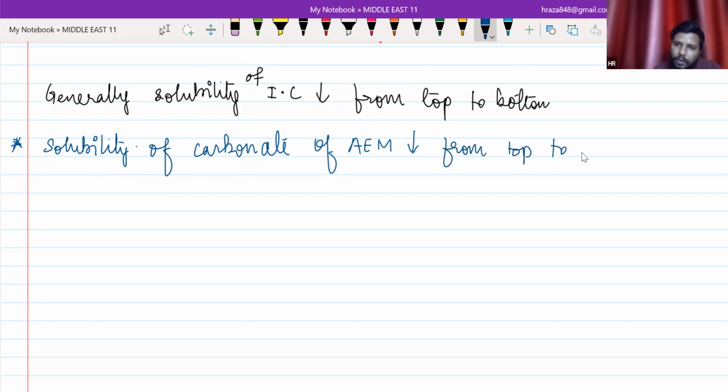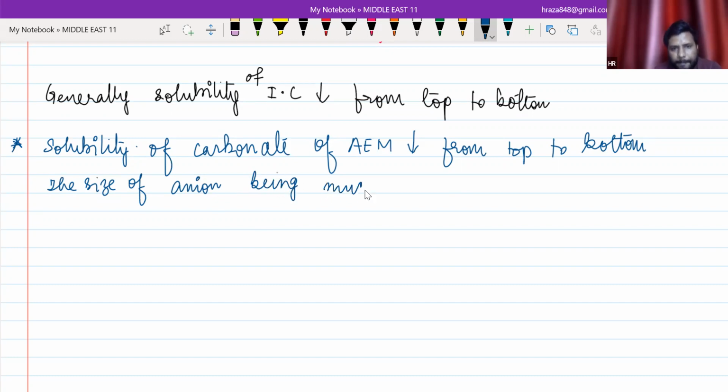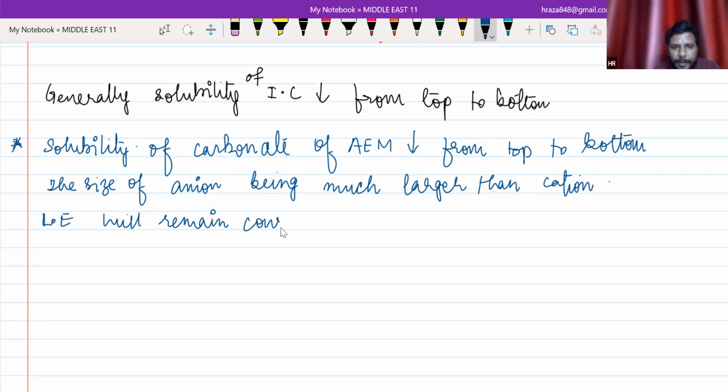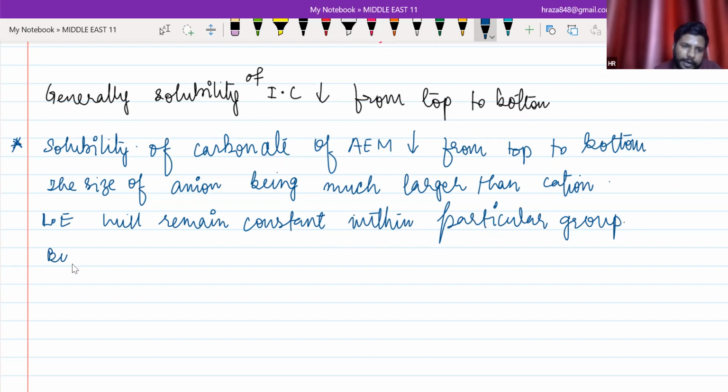Because the size of the anion, since we are talking about carbonate, will be much larger than the cation, lattice enthalpy will remain constant within a particular group, but hydration enthalpy decreases.